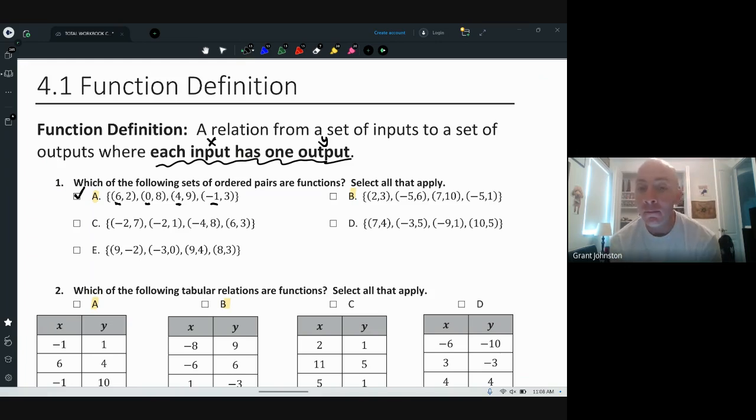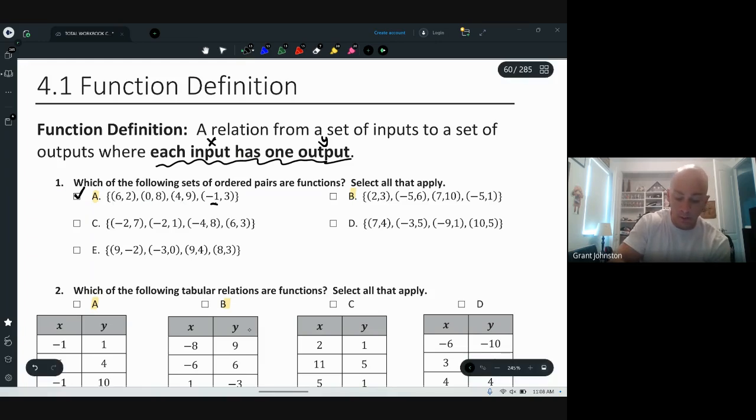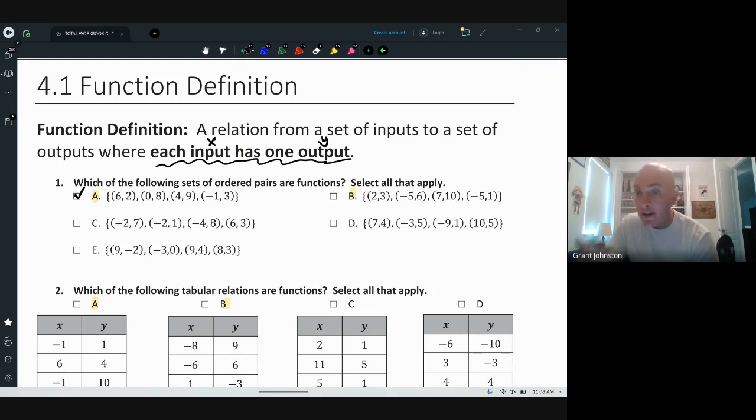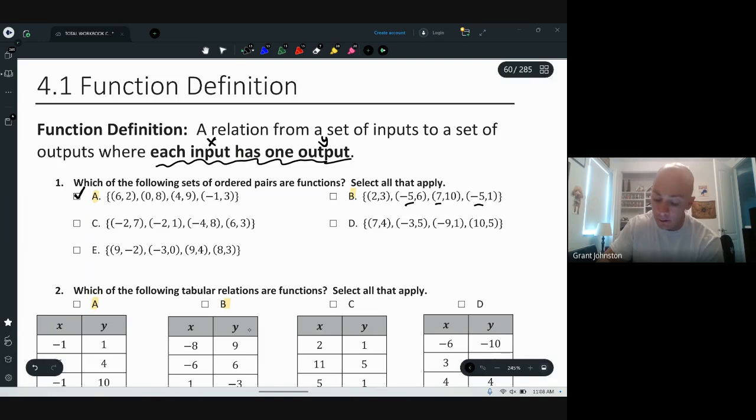But B is not a function, because look, 2 has an output of 3, -5 has an output of 6, 7 has an output of 10, and look, -5 shows up again. -5 has an output of 1. -5 is an issue. -5 has 2 outputs.